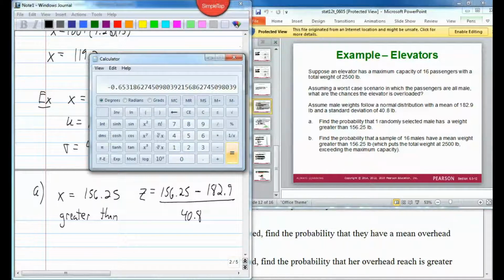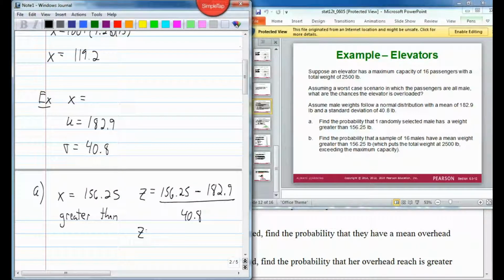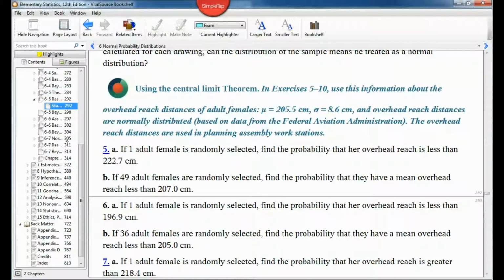So here's our z-score. Let's round that to two places: negative 0.65. Now it's important that we understand when we have greater than and we use our table, we're going to have to say 1 minus whatever value we get. Okay, so let's go to our z-score chart.